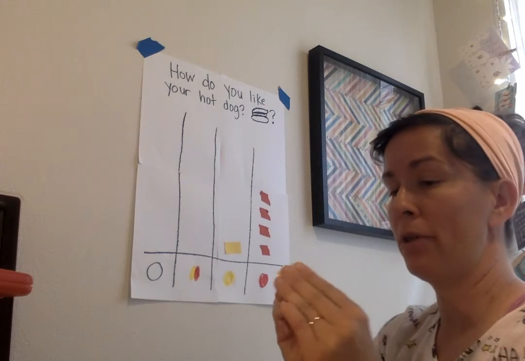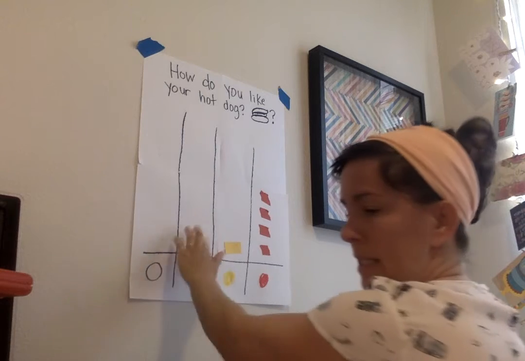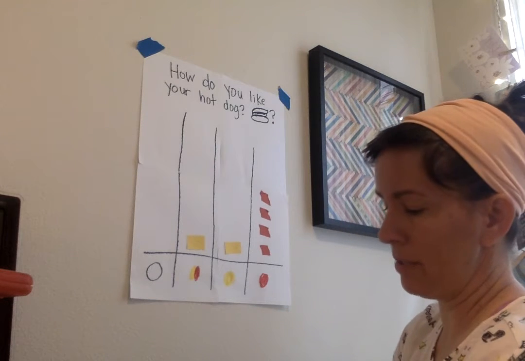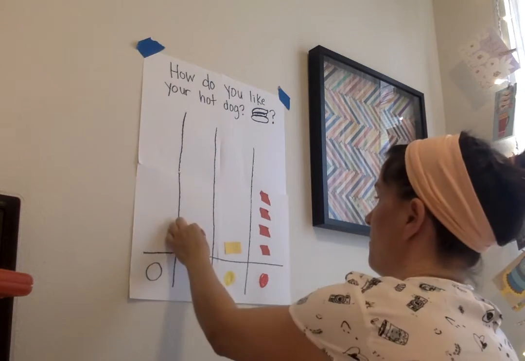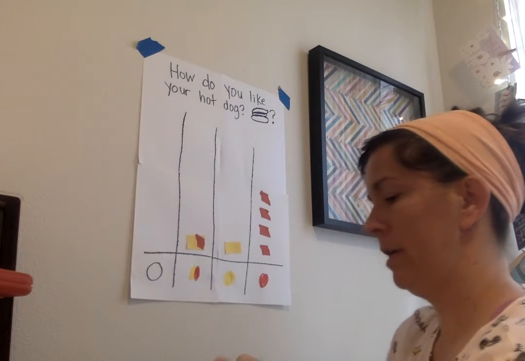So for both, since we have 3, I'm going to put yellow for mustard and then tape a little piece of red on there together. So you can see that it's both, right? And we have 3, right?